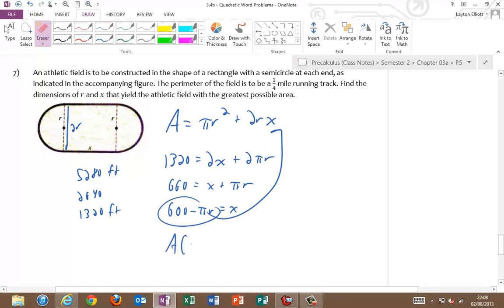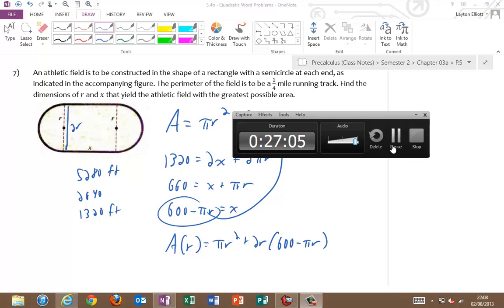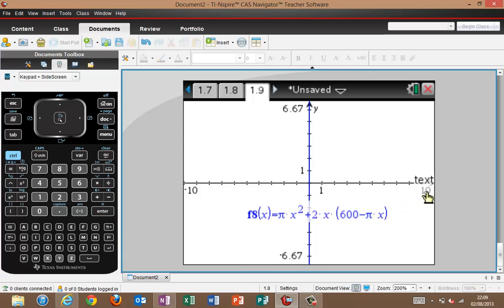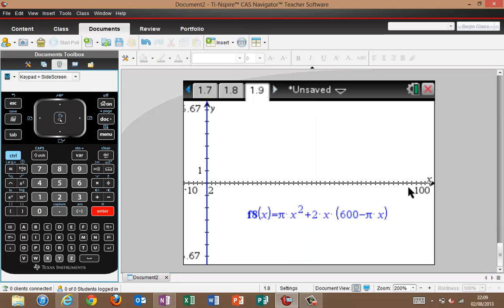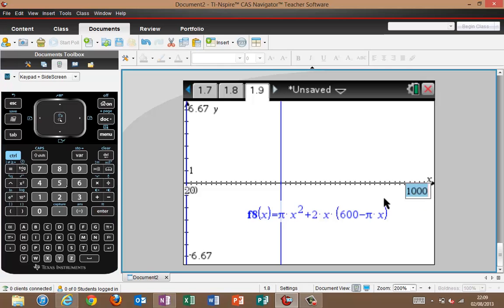So I get area with relation to r is equal to pi r squared plus 2r times 600 minus pi r. I'm going to go ahead and pause and plug that in. I get a graph like this. So let's try to figure out what better x max could be. Let's try 100. Try 1,000. Okay, there it is.